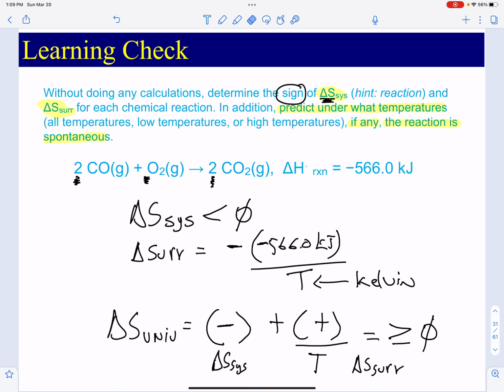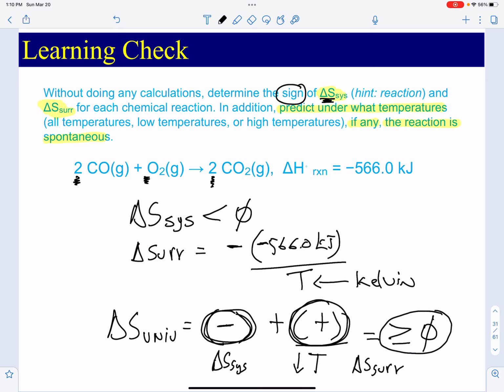On the contrary, this temperature has to be as small as possible so that this positive becomes bigger than the negative, therefore guaranteeing that it's going to be bigger or equal to 0.